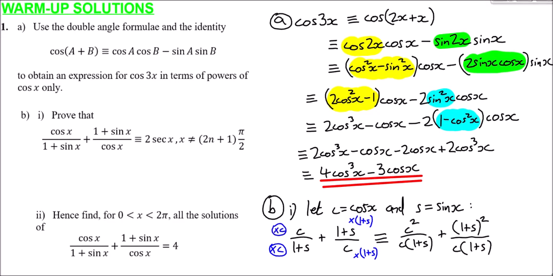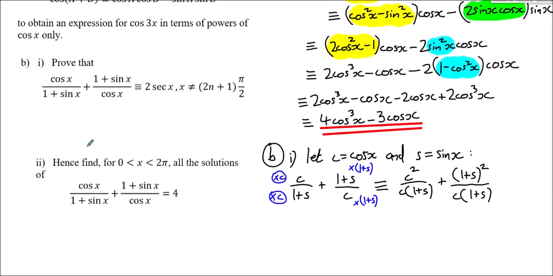Because we now have a common denominator, we can of course combine these two fractions into one, just merge the numerators essentially. So we'll now have cos squared on the top from the first fraction, and then we expand out 1 plus sine all squared. This will give us 1 plus 2 lots of sine plus sine squared, all of that still over cos 1 plus sine.